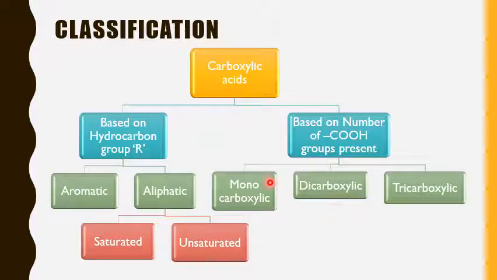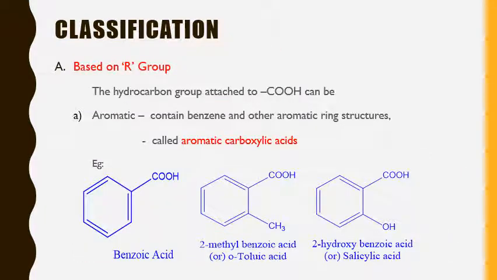That means if the molecule contains one COOH group, then it is mono. If it contains two, then it is dicarboxylic. If the number of COOH groups in the molecule is 3, then it is taken as tricarboxylic. Let us see all these classifications with a brief definition and broad examples in the next few moments.